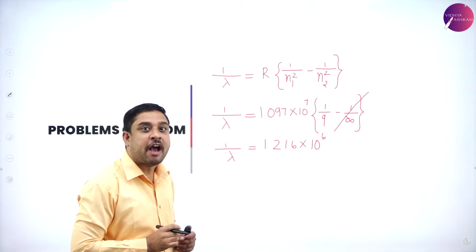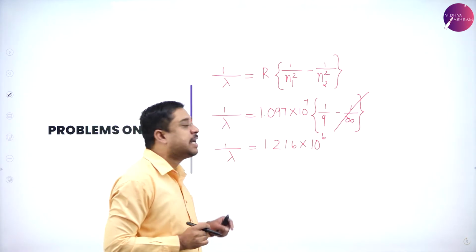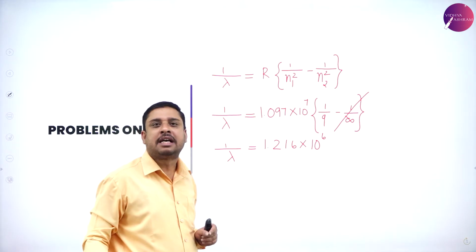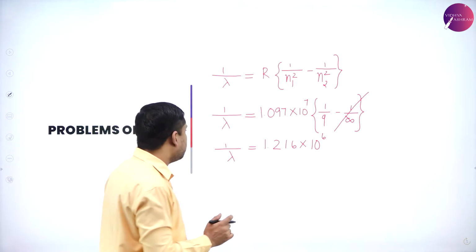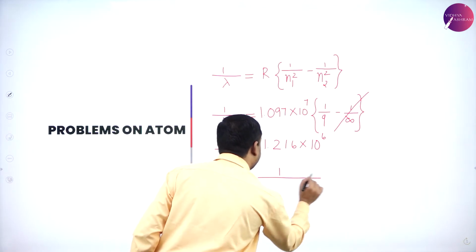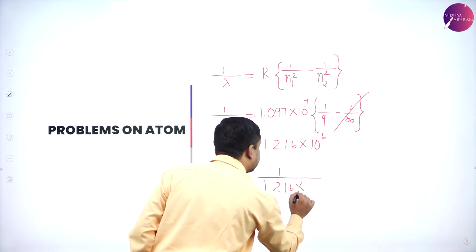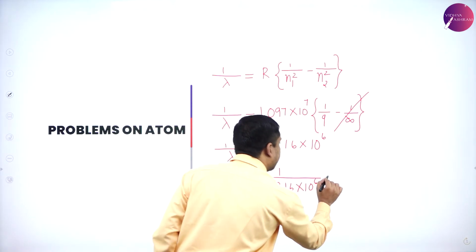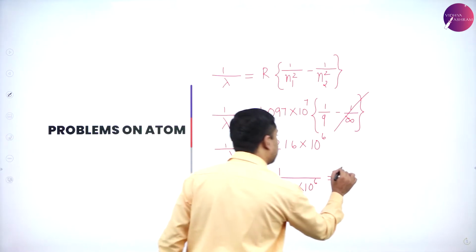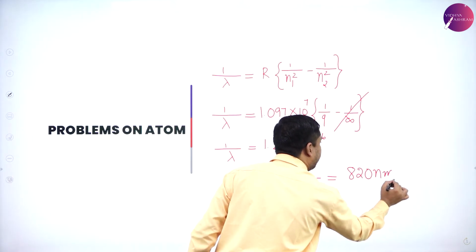But that is not what we have been asked. This is 1 by lambda. Most of the times this is where you lose marks, in the last step. You have to calculate lambda, which is 1 divided by 1.216 into 10 power 6, which will be on simplification 820 nanometer.